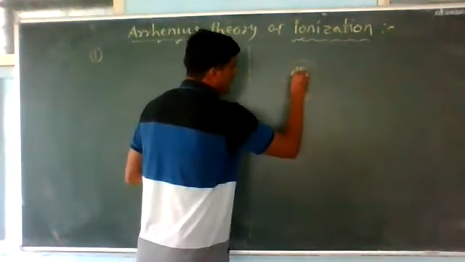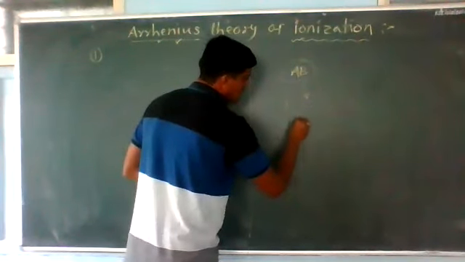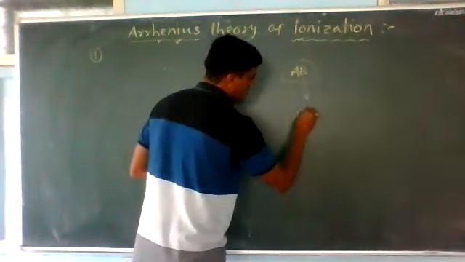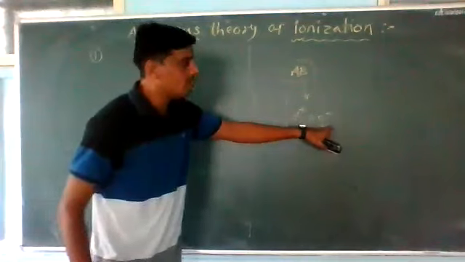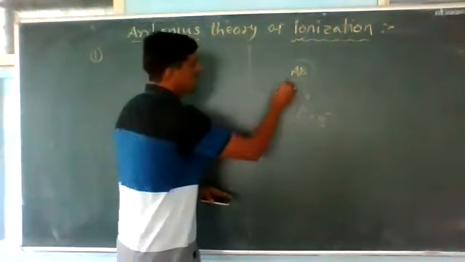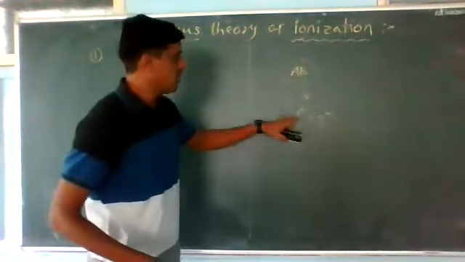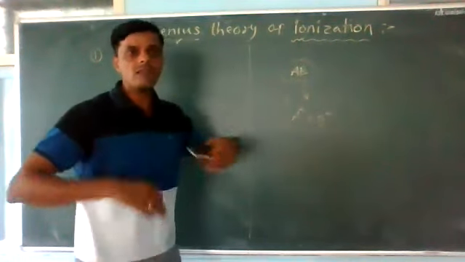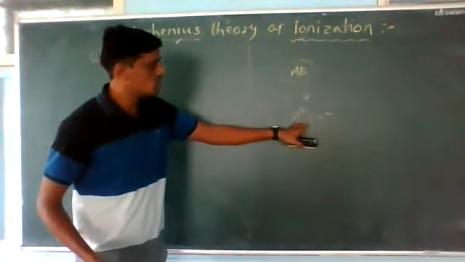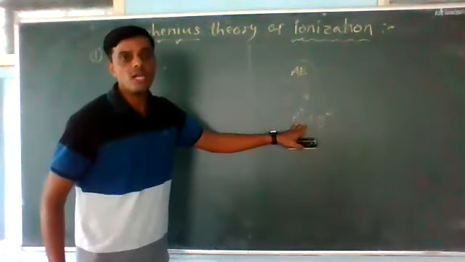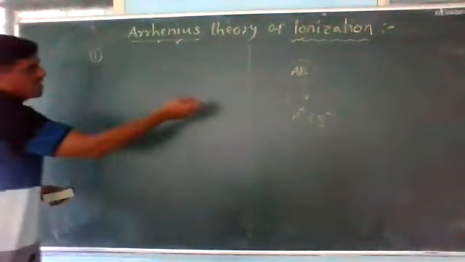This means that when neutral AB is dissolved in water, it undergoes ionization and forms A plus and B minus ions. This neutral electrolyte gets dissociated and forms A plus and B minus, or in simple words, AB undergoes dissociation and forms charged particles.